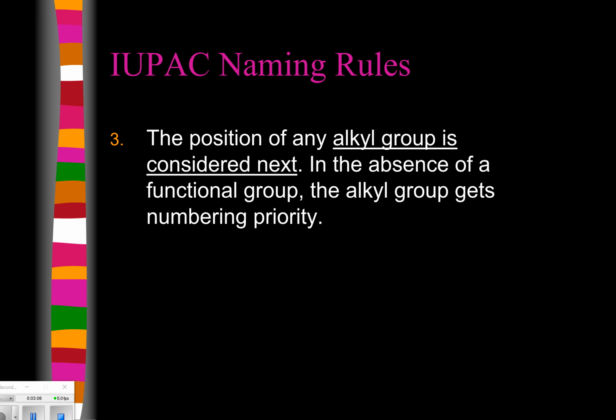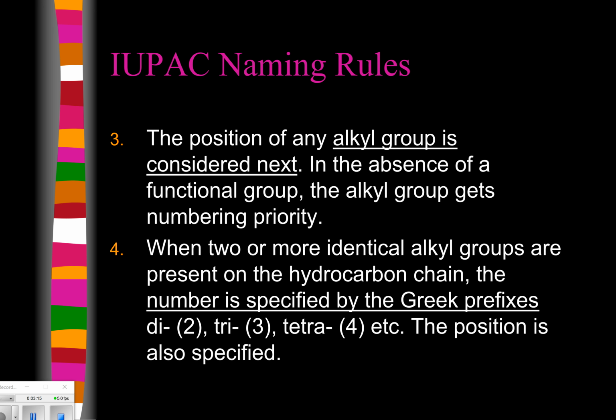So if there's no other functional group, we'll look for alkyl groups, and that'll help us to name the molecule, as the alkyl group will then get the numbering priority. So first comes a functional group, second comes an alkyl group as far as naming priority.